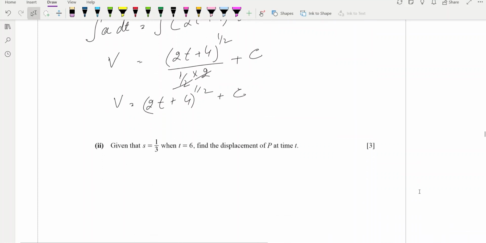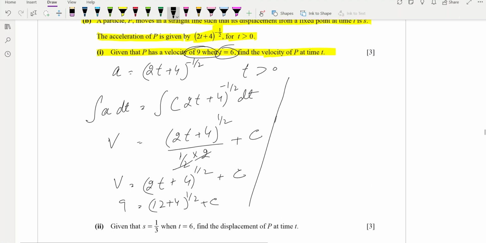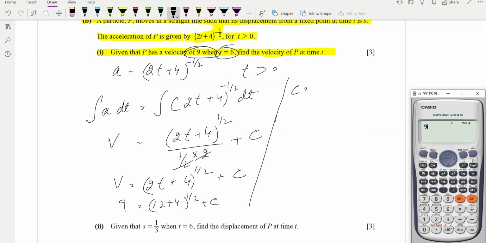So we can calculate the c value. 9 equals 12 plus 4 raised to the power 1 by 2, plus c. This implies c is equal to 9 minus 16 raised to the power 0.5, so this will be equal to 5.